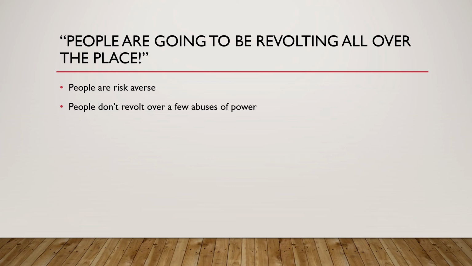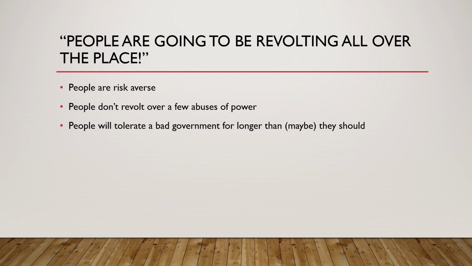And we're risk averse. We're a little bit worried about what will happen if we have a revolution. And so what Locke concludes is that people will actually live under a bad government, an abusive government, a tyrannical government, even for probably longer than they should. We're more likely to live under a bad government until we just can't live under it anymore than we are to revolt against a government that is violating our rights or abusing its power in various ways.